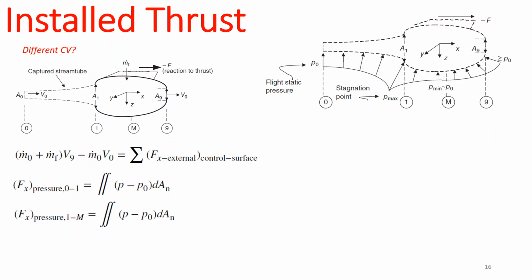The pressure force from 1 to n is going to be calculated by the surface integral of (P minus P naught) dA_n, and you have to keep in mind that these P's are changing, so it is not a simple integration. We are going to call the combination of these two forces, the subtraction of these two forces actually, the spillage drag.